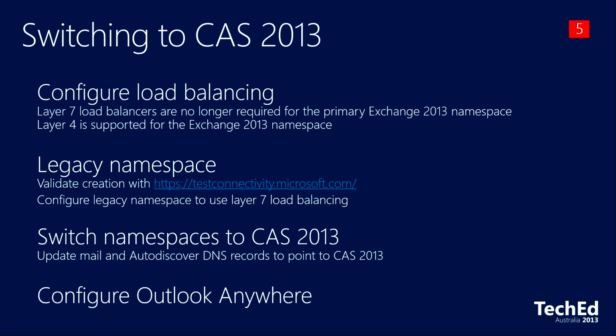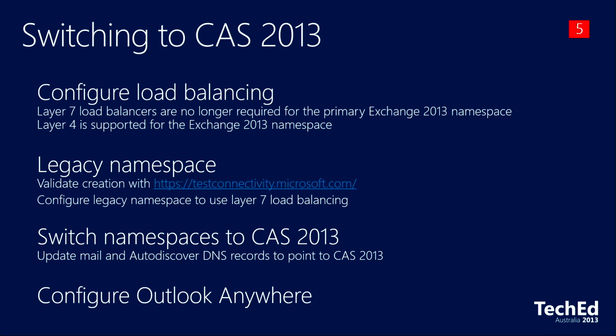Then you'll create the legacy namespace in DNS, both internal and external. Internally, you can use ping or NSLookup to verify it, and externally, you can use the remote connectivity analyzer. Now, this has testconnectivity.microsoft.com. That is one of many URLs that will take you to that site. You can also use the shorter one, which is exrca.com or aka.ms/exrca.